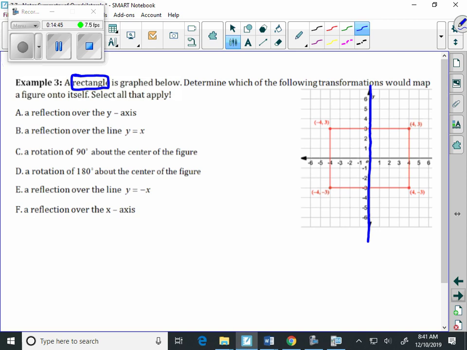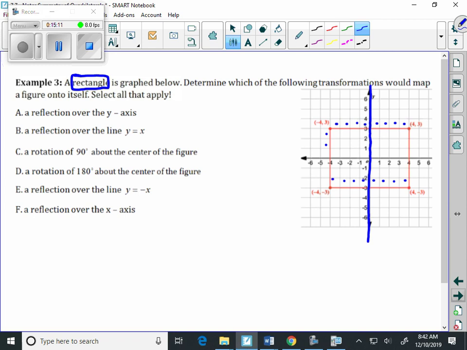If we fold that red rectangle in half, will the right side of the graph land on the left side? And it will. If you look, 1, 2, 3, 4 away, 1, 2, 3, 4 away, and the other way, 1, 2, 3, 4 away, 1, 2, 3, 4 away.